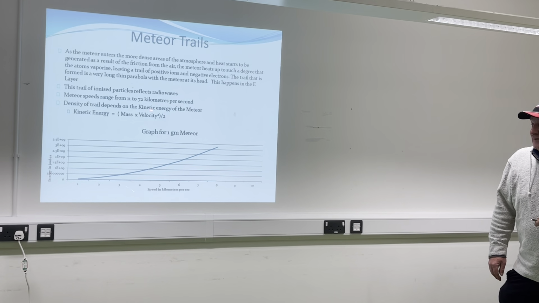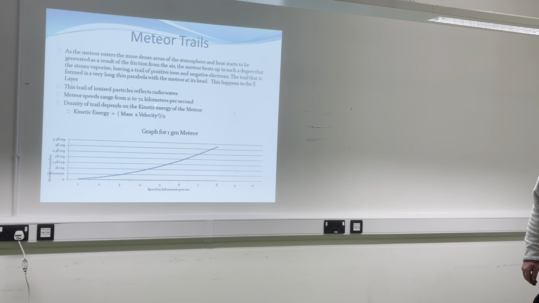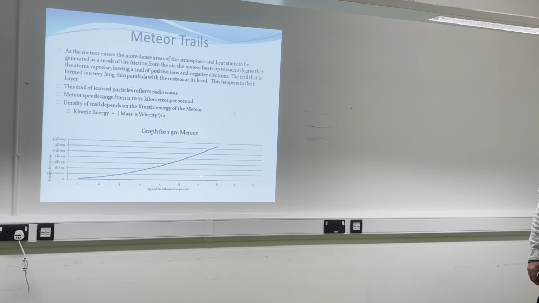The density of the trail depends on the kinetic energy. And all schoolboy physics, you can all remember this from physics: the kinetic energy is mass times velocity squared over 2. So that basically means that as the speed increases, you don't get a nice gradual increase, you get a curve. So anything up here is good news because it's very high energy, high speed.